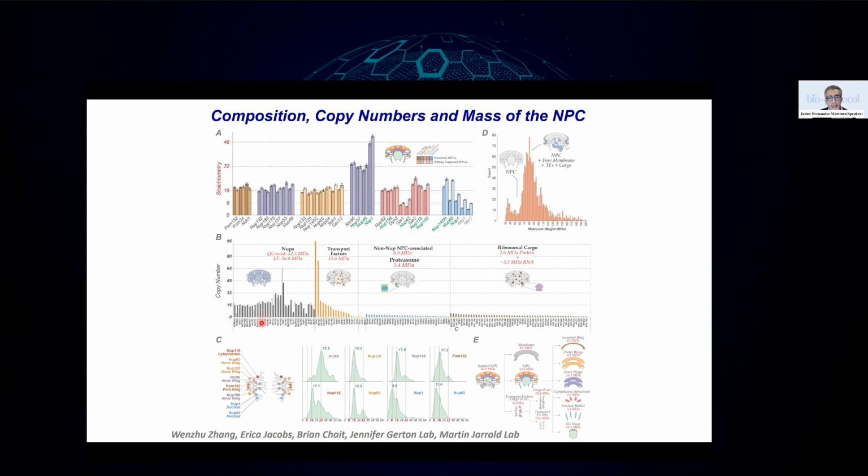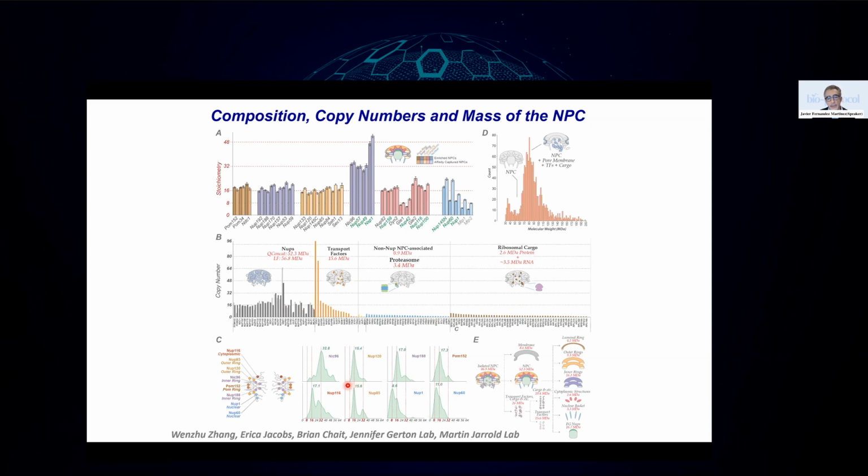Not only that, but also with Erica Jacobs, we were able to use label-free mass spectrometry, again, to verify the data that we were collecting using quantitative mass spectrometry, but also to quantify the amount of all the other transport factors, flux, and material that was co-purifying with our NPCs.